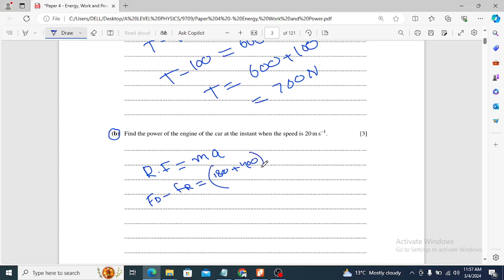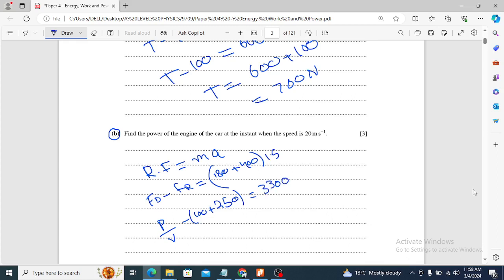400, into the acceleration, that is 1.5. The driving force can be calculated by power over velocity, and friction is 100 plus 250. So 1800 plus 400, 2200 into 1.5, will give you the result 3300.